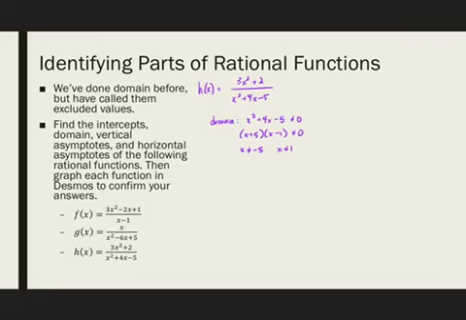And that means my vertical asymptotes are at -5 and +1, and my domain would be -infinity to -5, -5 to 1, and 1 to infinity.